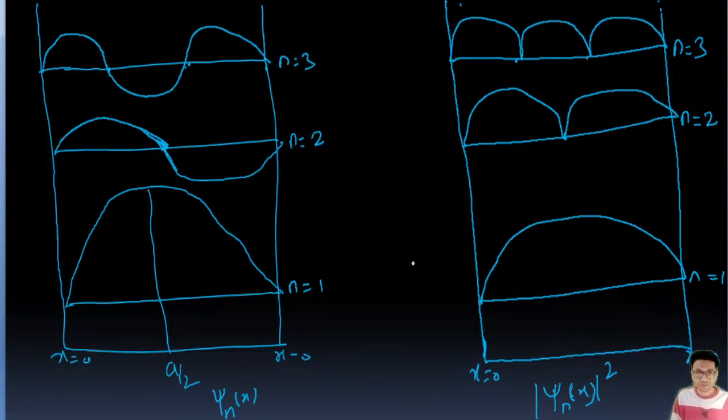And also in quantum mechanics, the probability of finding particle will be maximum at x equal to a by 2. From the graph it's clear. And then the probability will be different at different values of x.